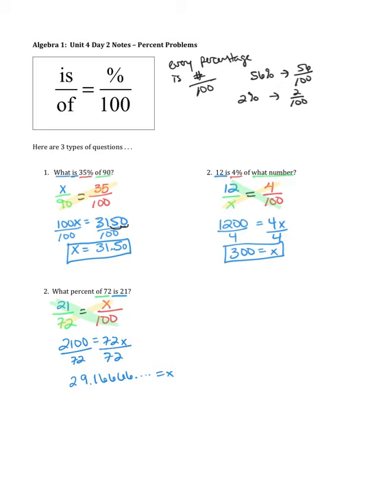Well, let's round it. 29.17% equals x, okay? So 21 is 29.17% of 72. And honestly, that's it for day 2.